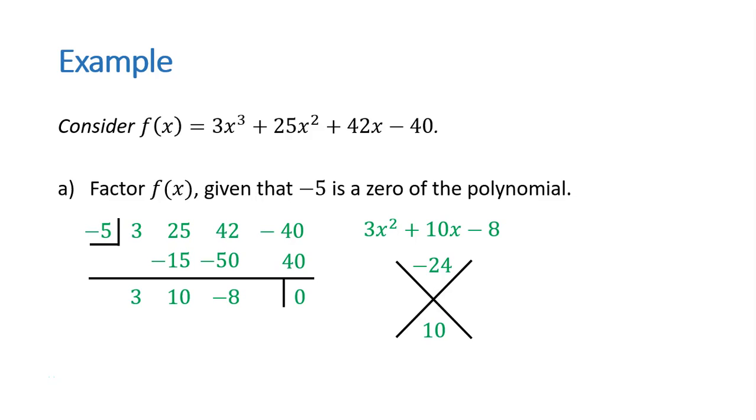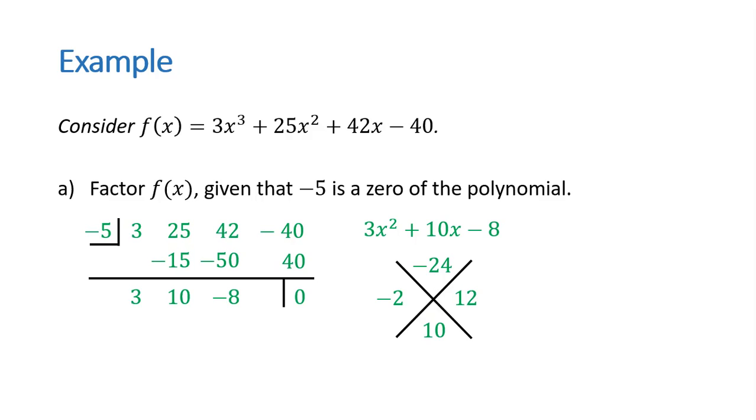The best way to figure out the two numbers, if you don't immediately see it, is to write down all the different ways you could factor -24 as a positive number times a negative number. It turns out the only possible factorization that also adds to give a positive 10 is -2 and positive 12. If I have a negative and a positive, I like to write the negative on the left-hand side and the positive on the right-hand side. There's a reason for that I'll show you in just a second. So these are the unique paired numbers that multiply to give -24 and add to give 10.